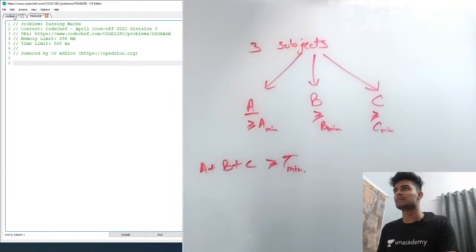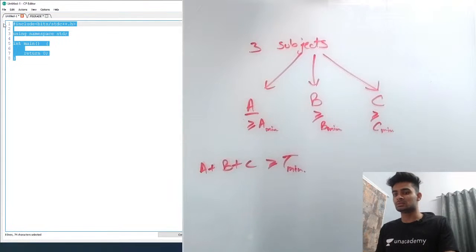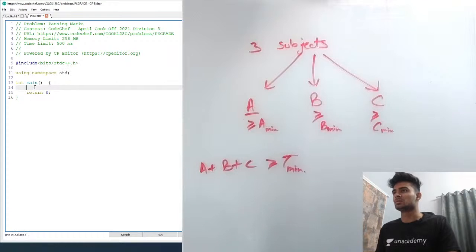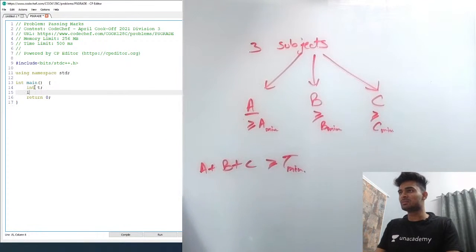Okay, let's take this here. So we have t number of test cases. Then for every test case, we have 7 integers.